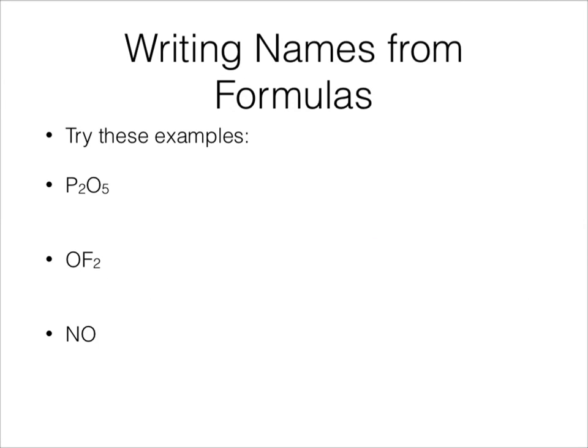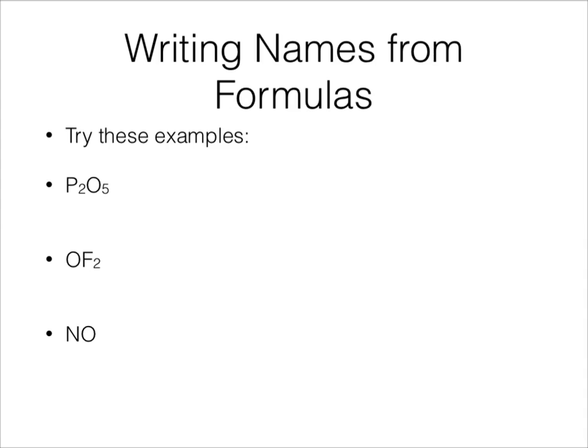So let's try a couple examples of writing names from formulas. My biggest suggestion for something like these is that you just basically follow what it says. So if I look at P2O5, I'm going to say that I have 2 phosphorus atoms and that I have 5 oxygen atoms.